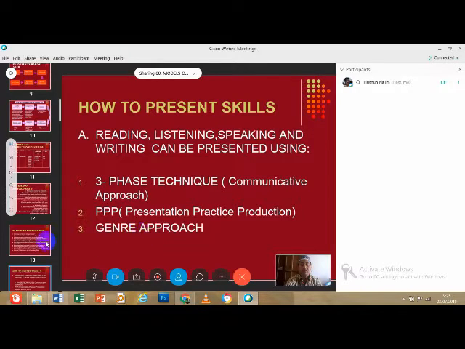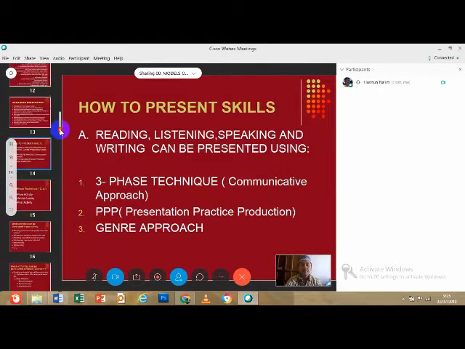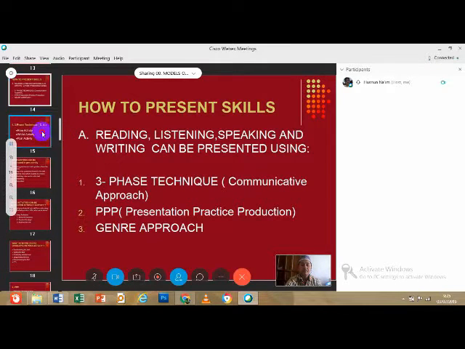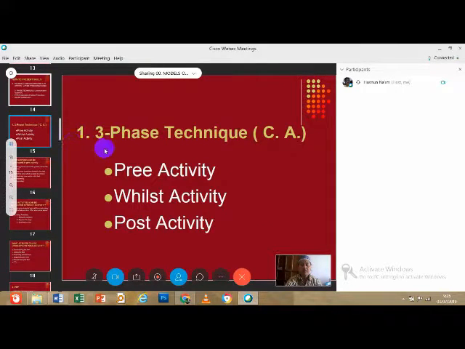General approach. One, three-phase techniques or CA. The first, pre-activity, while activity, and post-activity.